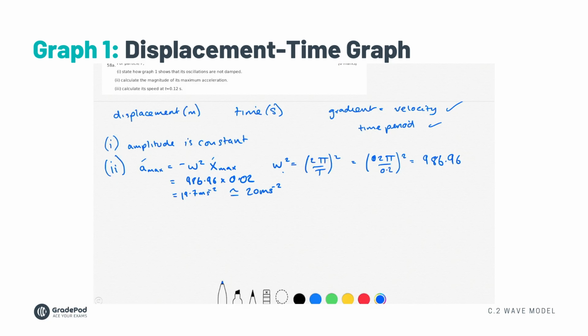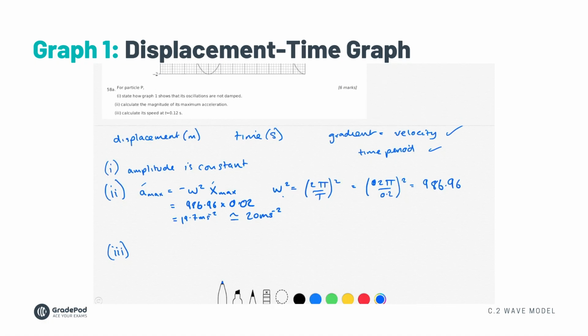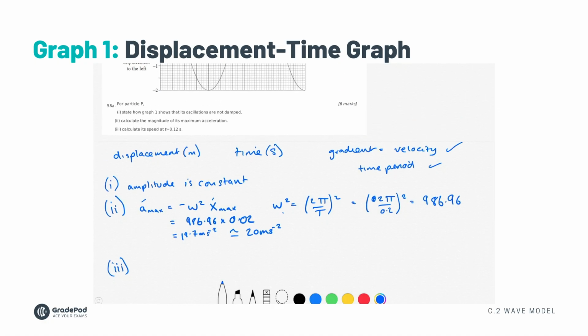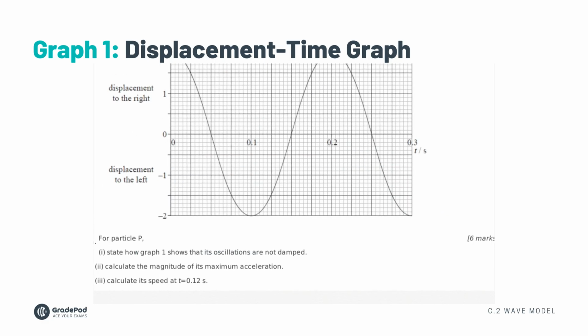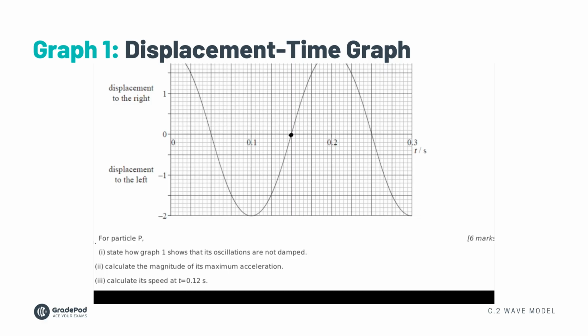Question 3 says calculate the speed of the particle P at t equals 0.12. So at 0.12 seconds, I'm going to click into the image now. So this here is 0.15 seconds, so 0.12 seconds is here.